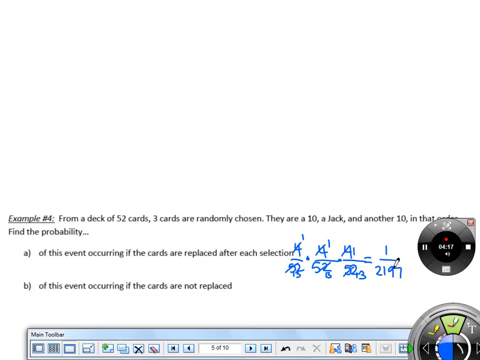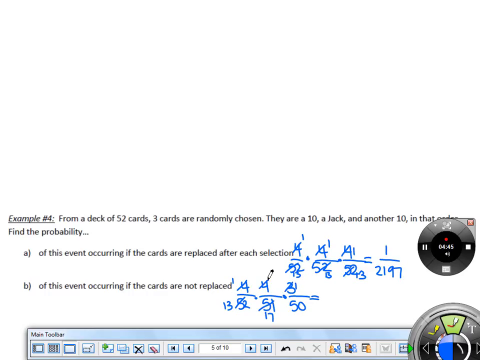Now, if the cards are not replaced, we have 4 out of 52 for our 10 times. 4 jacks are still in there, but only 51 cards. And then now there's only 50 cards, and one of the 10s has been removed, so 3. Again, I'm going to try and reduce a little bit. Help me out here. 13. 3 goes into 51 17 times.